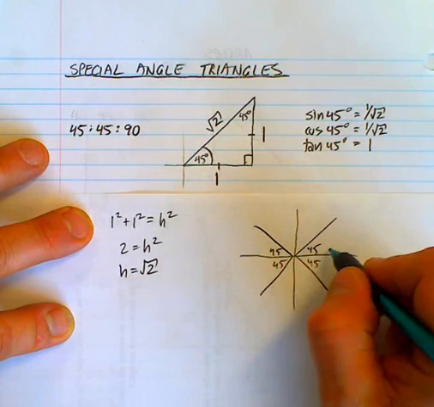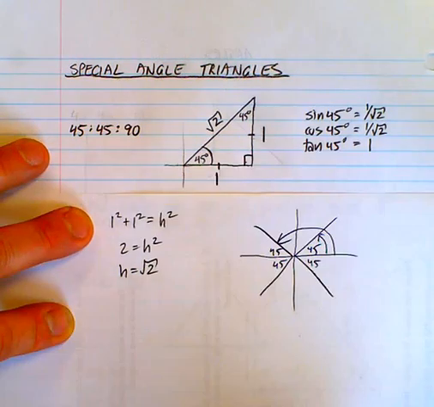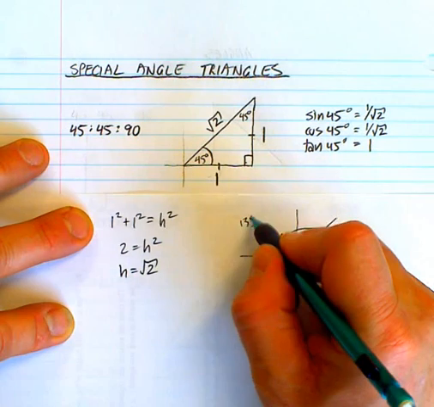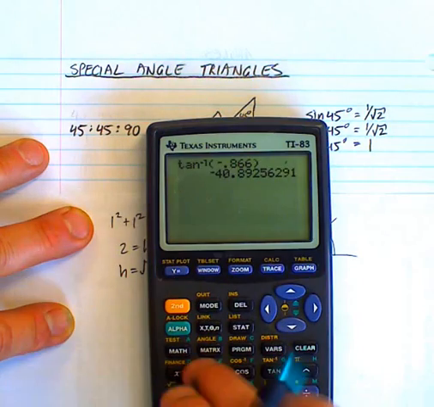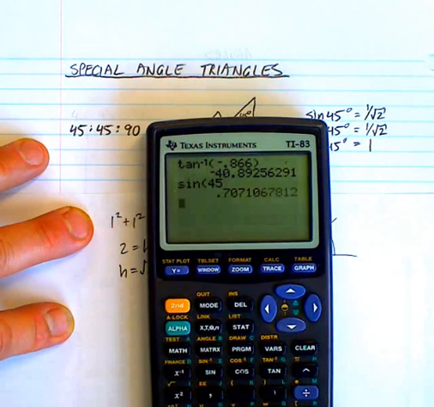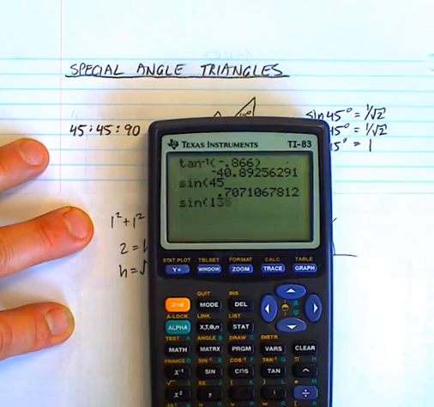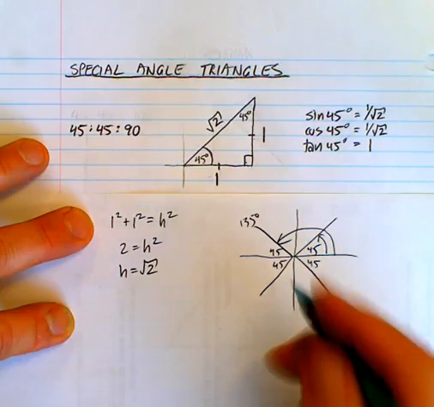Now, what are all the angles? So this one's 45 degrees, but how big is this? That's going to have the same thing, so it's 180 minus 45. This is 135 degrees. So if you actually look at your calculator, sine 45 is equal to 0.707. Well, sine 135 is 0.707. So it's the same thing, whether you're here or here.